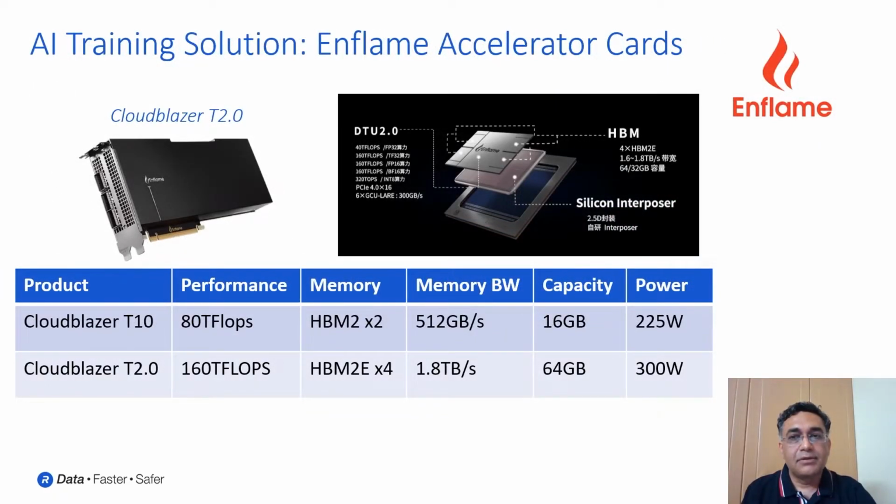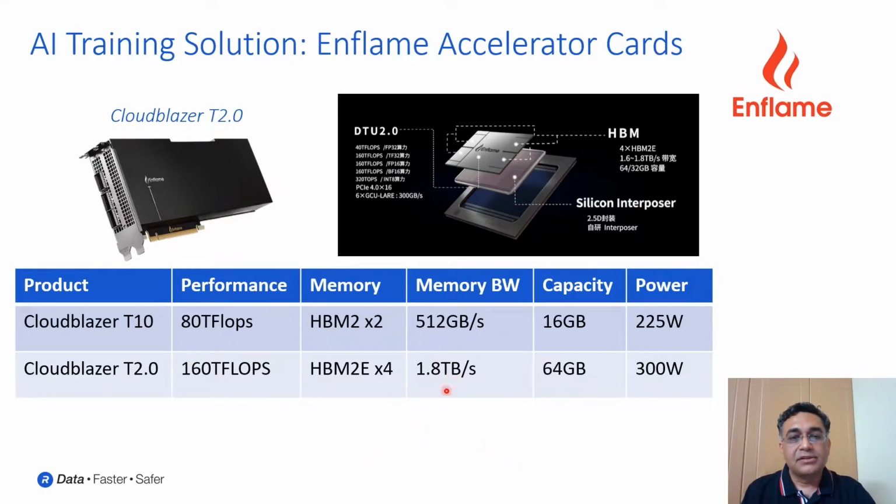Here are examples of HBM used in accelerator cards for AI training solutions. 2 devices of HBM2 provided 512 gigabyte per second bandwidth in the first generation solution.